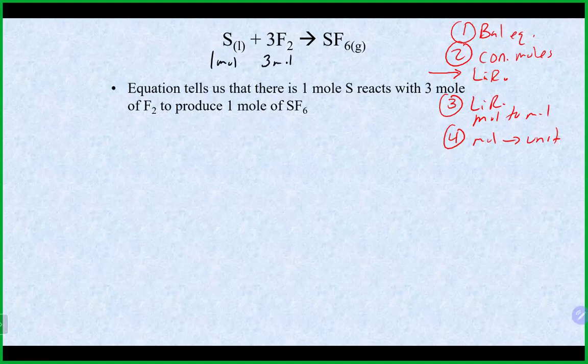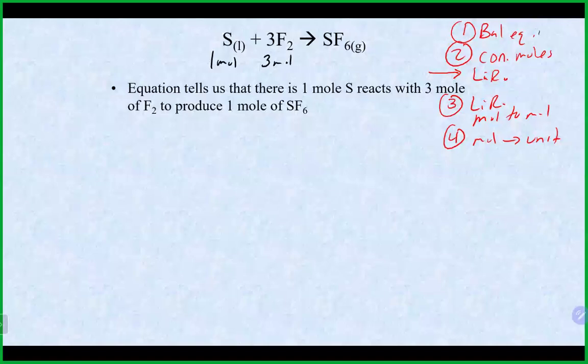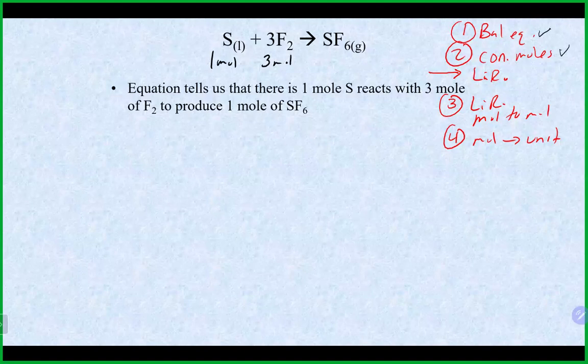All right, so first off, we want to balance the equation, which it already is. We want to convert whatever they give us into moles. It actually already is. So just like before, if it's already done, we don't need to undo it. Now, you could have been given grams of each of these, and you would have needed to convert to moles. So just like we did in the previous problems, but in this case, they were done for us.